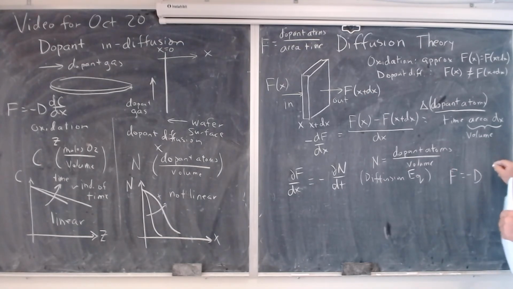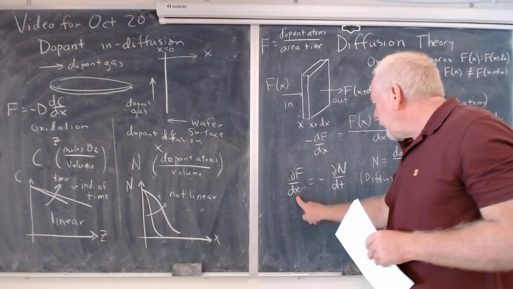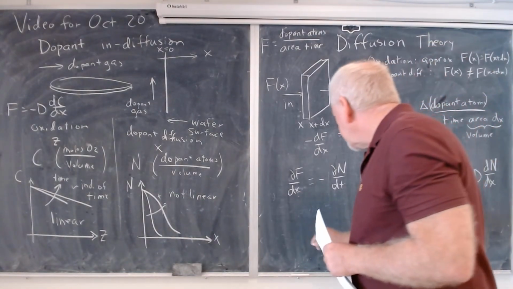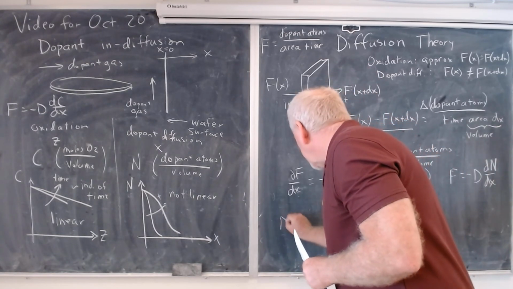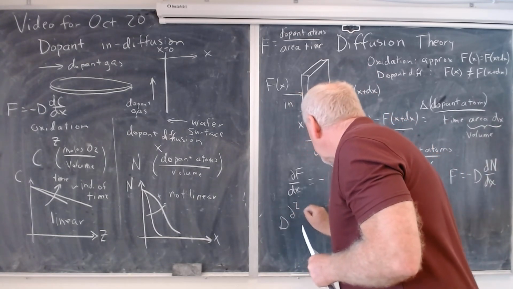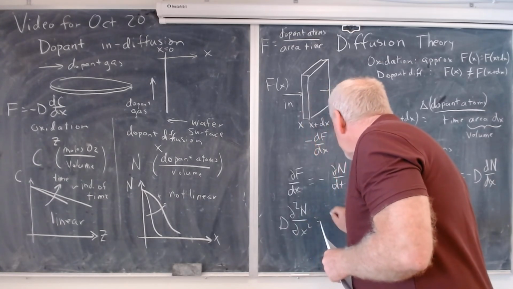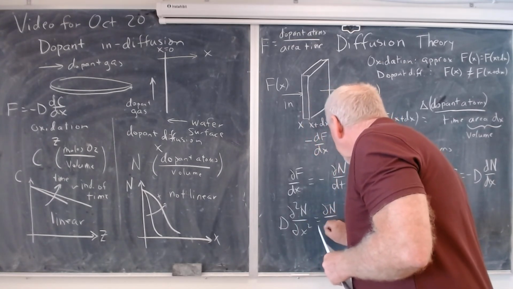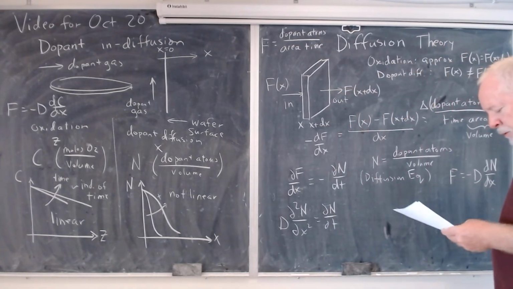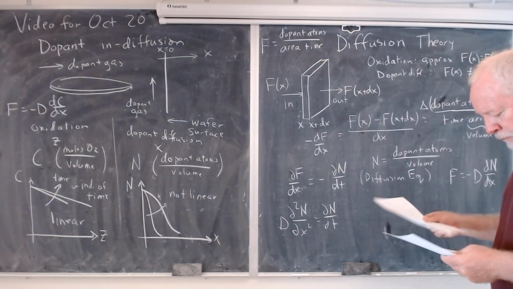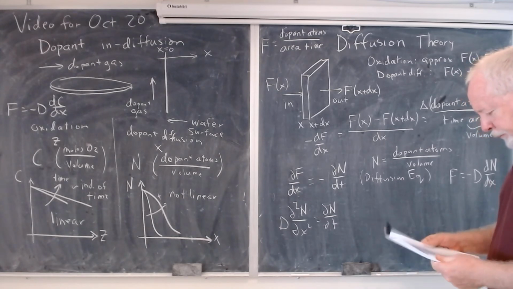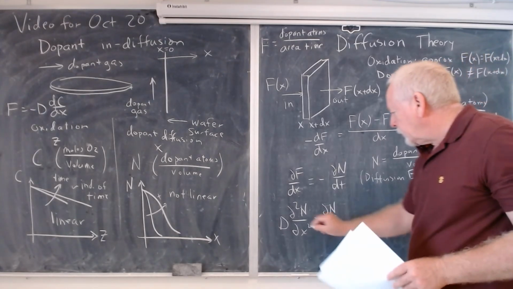Minus D dn/dx, just like it was dC/dx over there. So I can plug that in here, and the minus signs cancel. So I get D times the partial squared of n with respect to x squared is equal to the partial of n with respect to time. And that's the full diffusion equation.